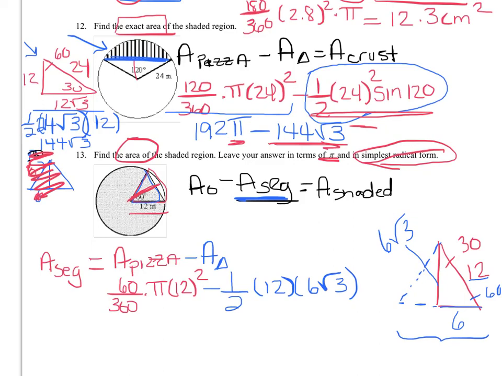So the area of the segment should end up being, after we simplify all of this stuff, 1/2 times the base 12 times the height 6√3. We simplify this and we get 6 there. So we get 36√3.